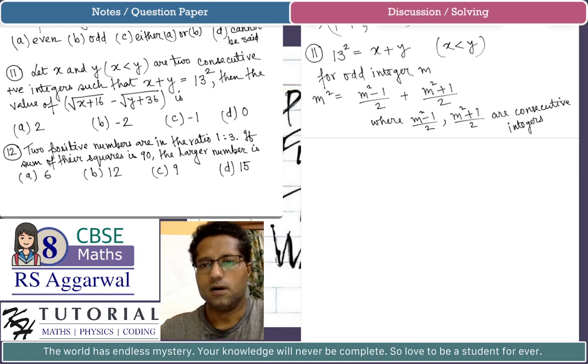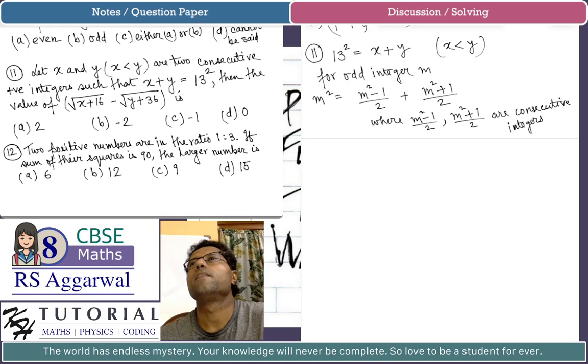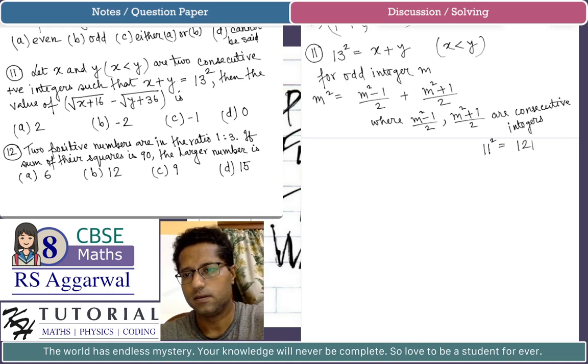So for example, if you take 11 square is equal to 121, and (11 square minus 1) by 2 is (121 minus 1) by 2, that is 120 by 2, that is 60.